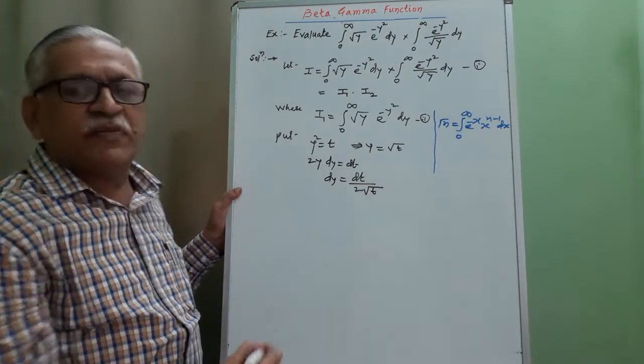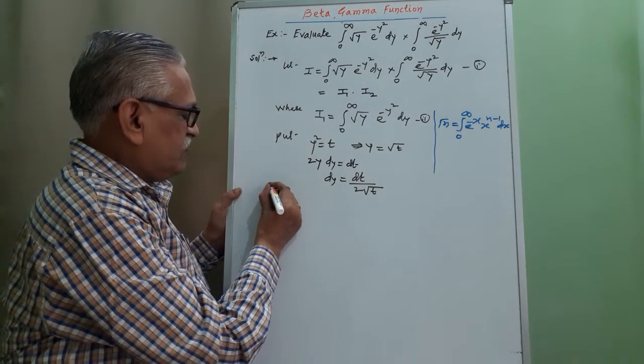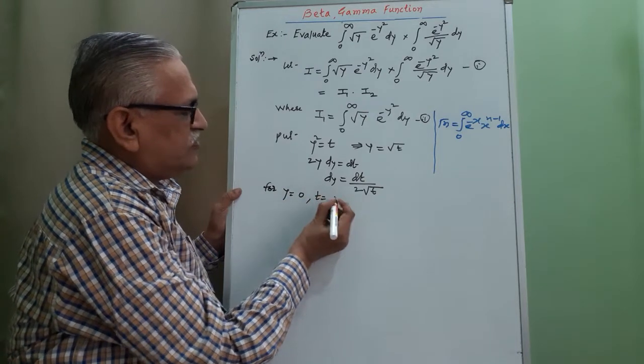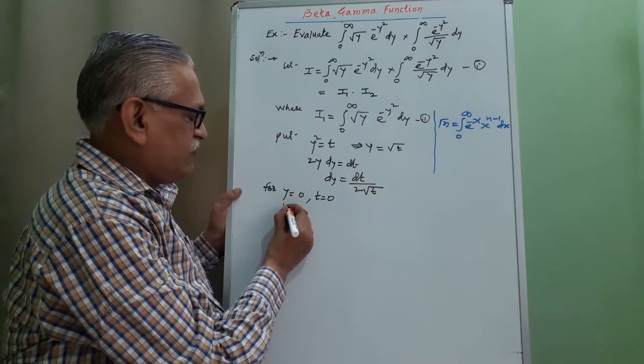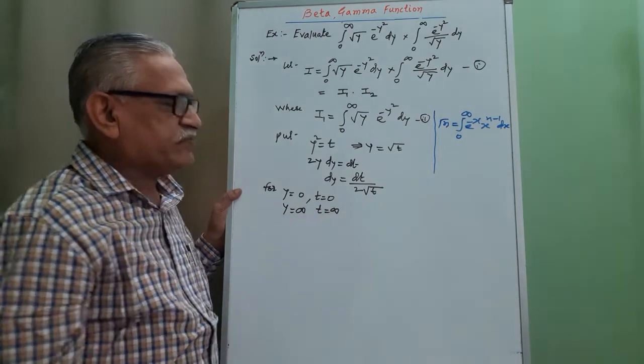And then new limits: for y equal to 0, we get t equal to 0, and when we put y equal to infinity, we get t equal to infinity.